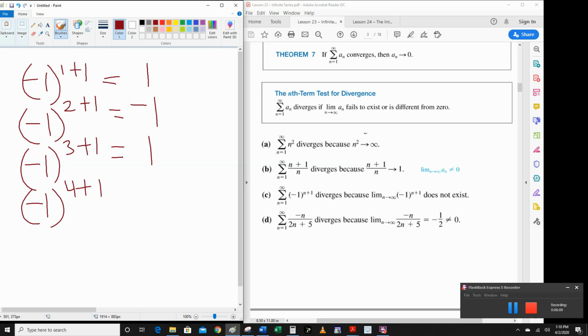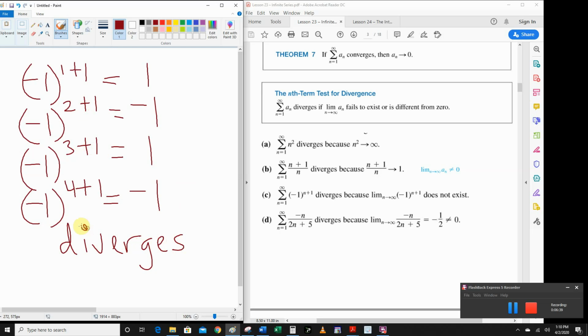And finally, -1 to the fifth power is -1. Our series bounces back and forth between -1 and +1. So it's not going to converge to one specific value. Or you could say that this series is oscillating between values. So this series diverges.